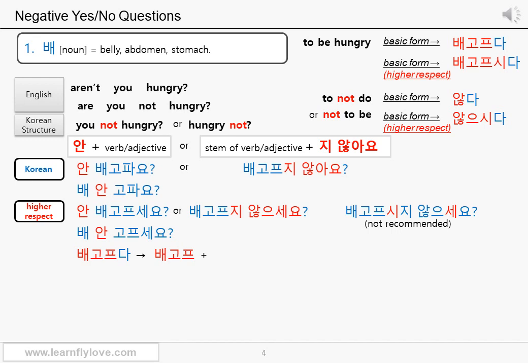배고프. Since the last letter of the stem 프 has a neutral vowel, we want to add the 어요 sound. But in a Korean grammar book, with no particular reason, it says we should add the 아요 sound to this particular adjective. Why?